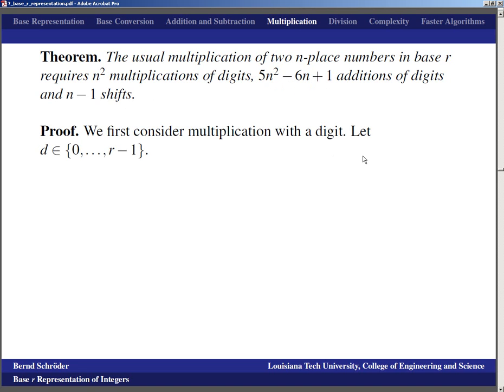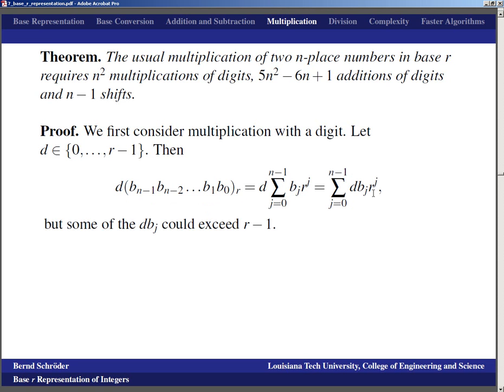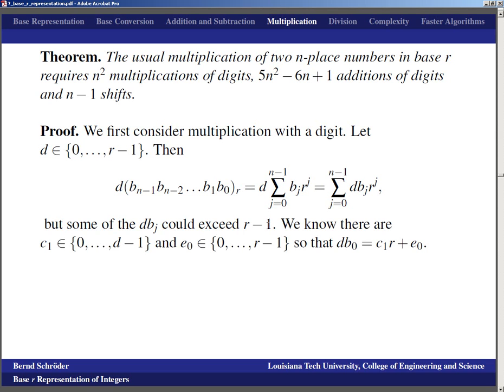So if I take d to be a digit between 0 and r minus 1, then d times the base r representation of my number b is just the sum j equals 0 to n minus 1 of d times bj r to the j, which is the sum j equals 0 to n minus 1 of dbj r to the j. And of course, again, we have to say, but the sum of the dbj could exceed r minus 1.